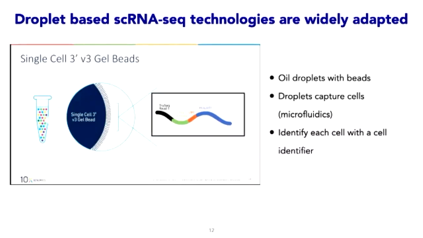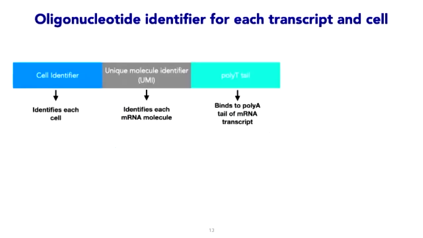So here is one such oligonucleotide construct. To simplify the picture, we can think of this construct as having 3 key pieces. One is a sequence that is unique to every droplet. That's called a cell identifier, which identifies the cell that the droplet captures. A unique molecule identifier, which identifies each mRNA molecule in case of single-cell RNA-seq.